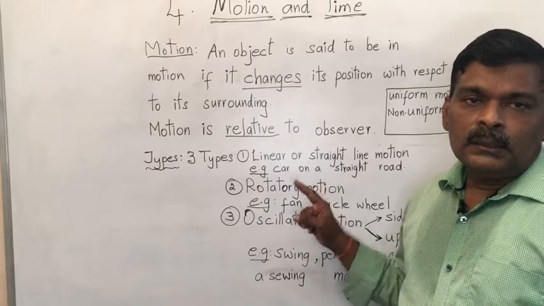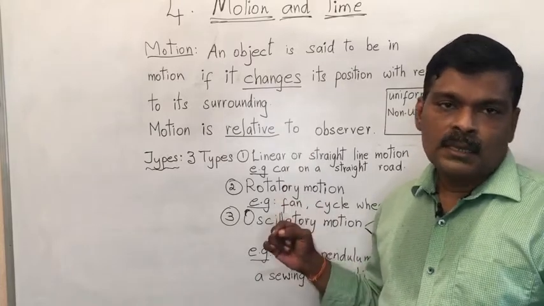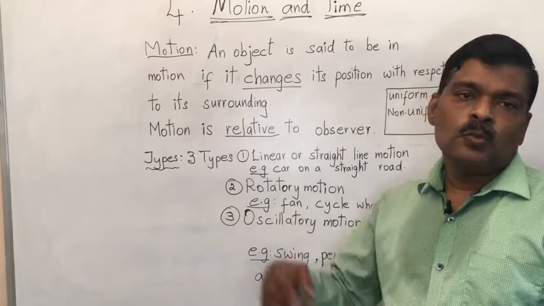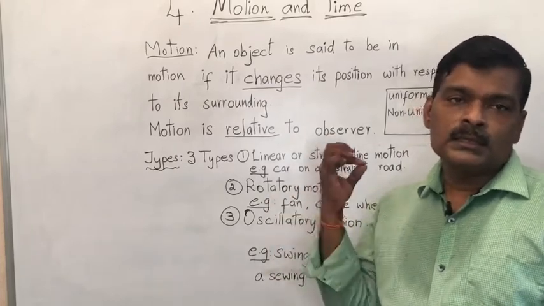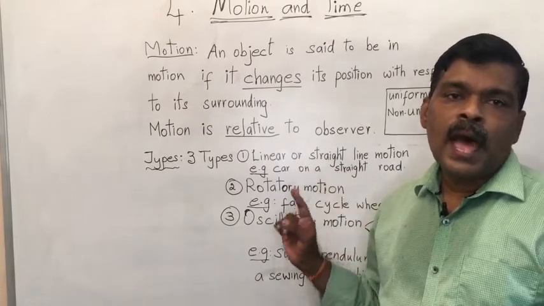They are rotating with respect to a particular axis. What is that axis? The straight line about which it moves in a circular way. That center line, that center point line, is called the axis of rotation.